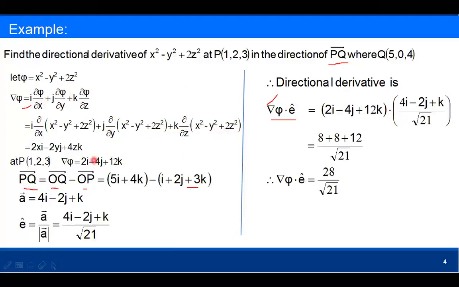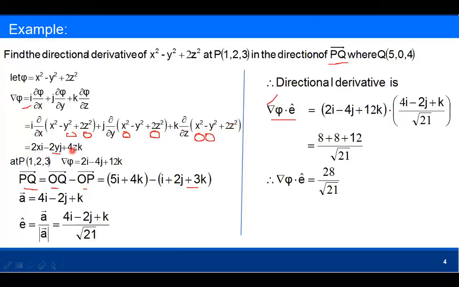So differentiating this function partially with respect to x. So this is 0, this is 0, x square derivative is 2xi. Similarly with respect to y, so this one is 0 and this one is 0, y square derivative is minus 2y. Similarly with respect to z, these two are 0, derivative of z square is 2z, 2z into 2, that is 4zk.